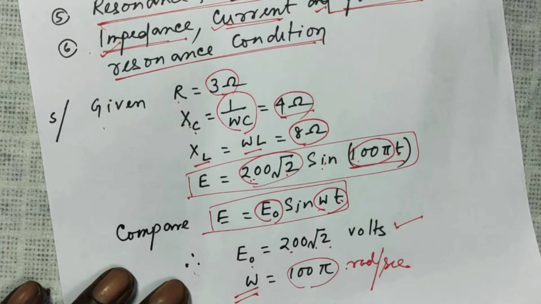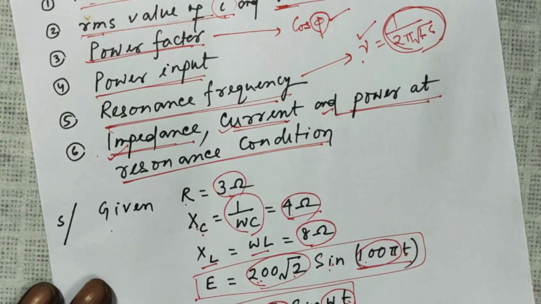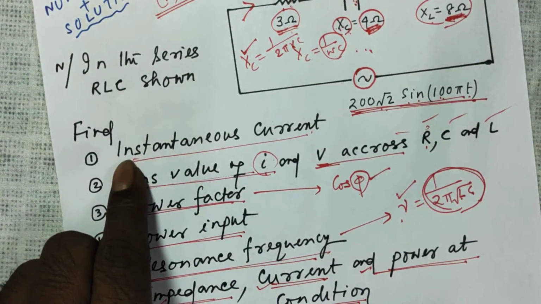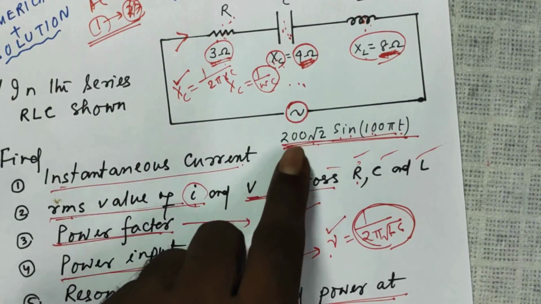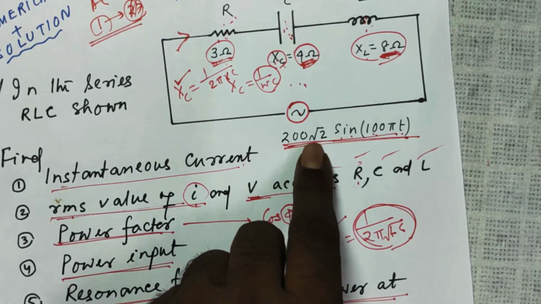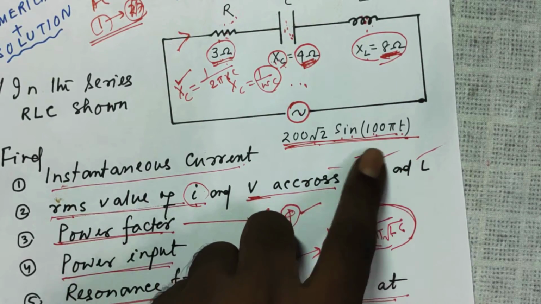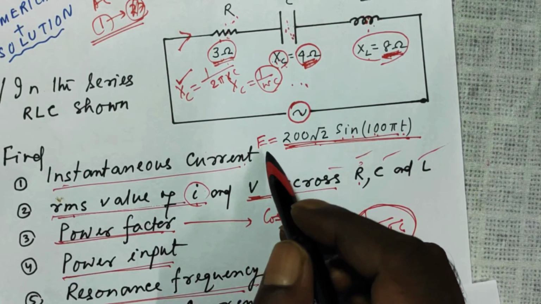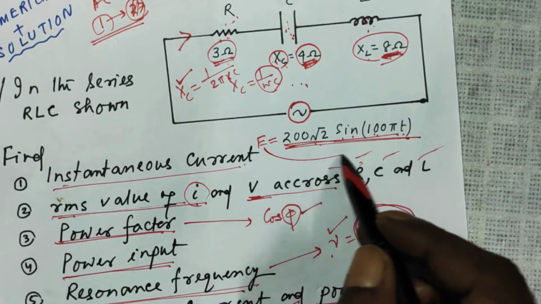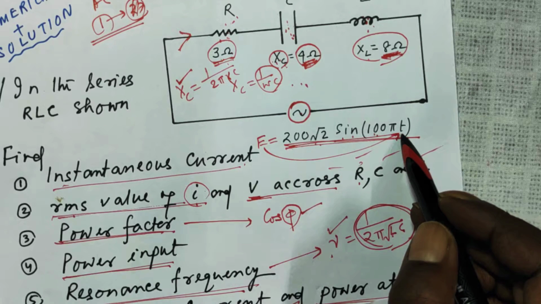Now let us derive one by one. Let us find out the instantaneous current. If the source of EMF is like this, 200 root 2 sine 100 pi t, that is E, this is the value of E at a time t, which changes with time.